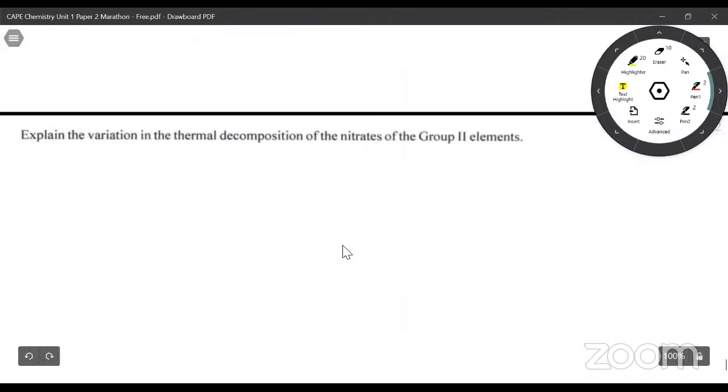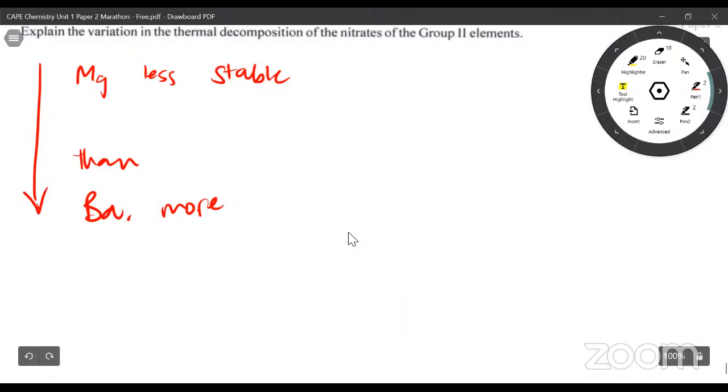However, variation in thermal decomposition of the nitrates. Now, metal nitrates are more thermally stable as you go down the group. That means that magnesium nitrate is less stable than the nitrate for barium, all right? So as you go down the group, the thermal stability of these nitrates increases. What that means is that by adding heat to it, it's not going to decompose or break down, all right?